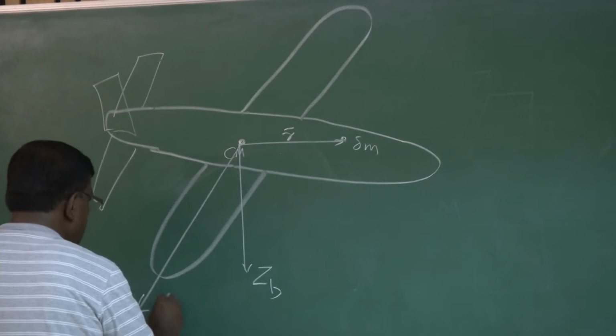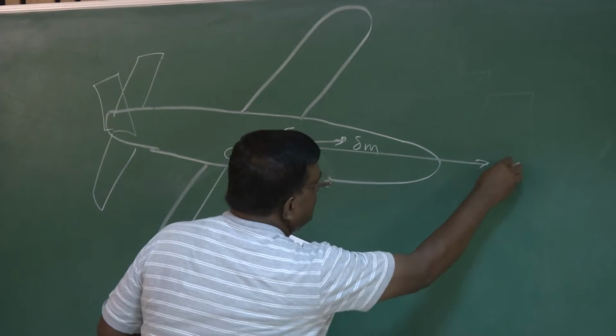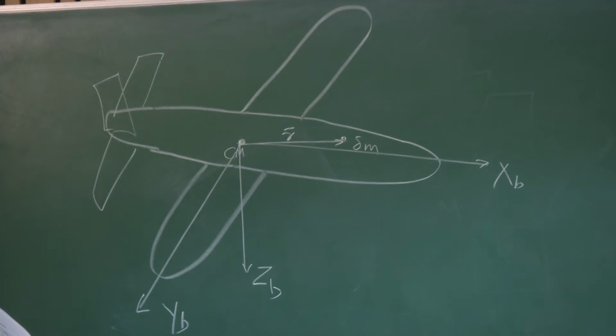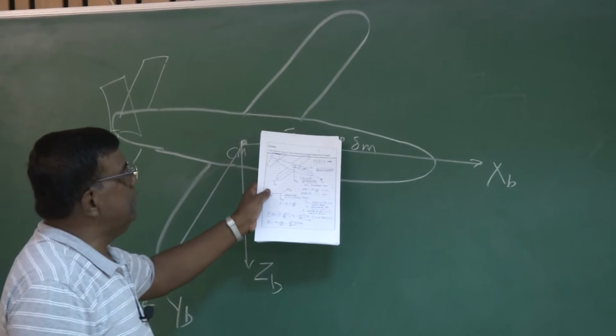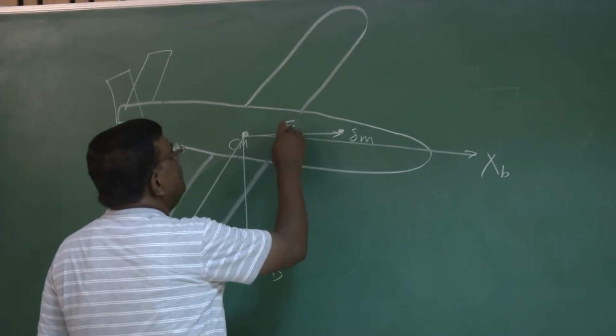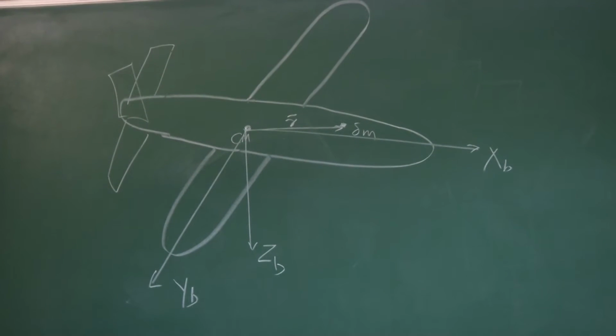So this is YB, this is XB, body axis, YB and ZB, and the location of delta M is denoted by R bar measured from center of mass.